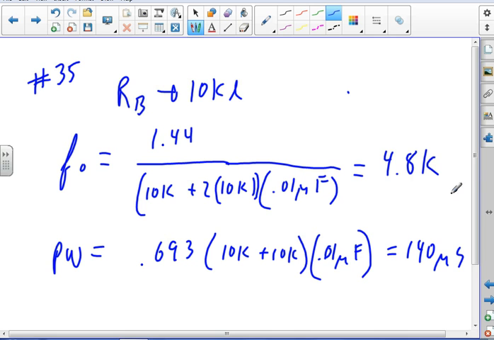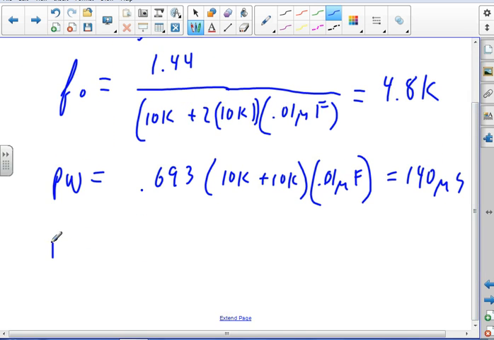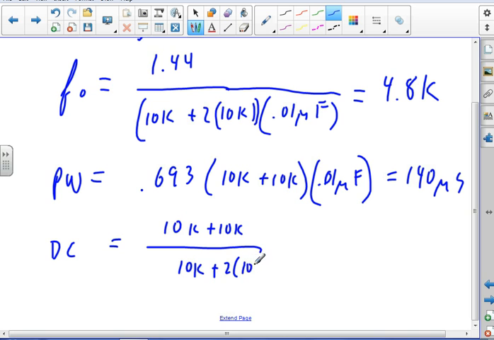And we want the duty cycle. We want the pulse width, operating frequency, duty cycle. Duty cycle: 10K plus 10K divided by 10K plus 2 times 10K, times 100.